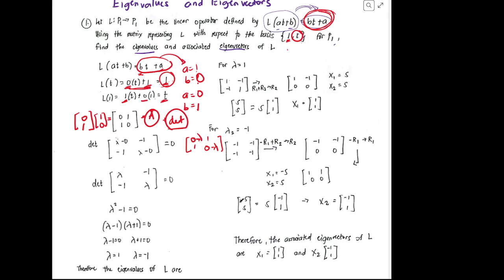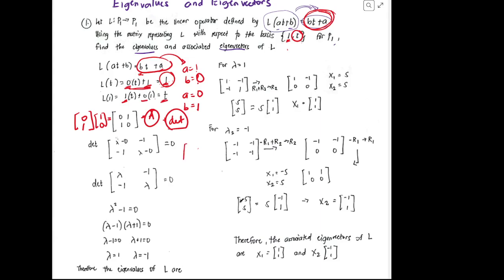It's not always the case that the diagonal entries are all zero. There are times that your diagonal entries are non-zero.